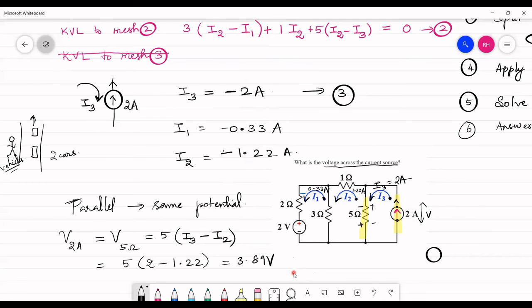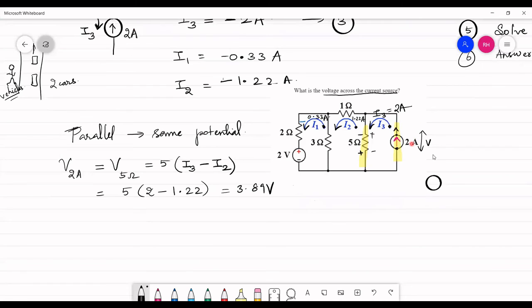So this 3.89 volt is the voltage across the 2 ampere current source. Voltage across current source is equal to 3.89 volt.